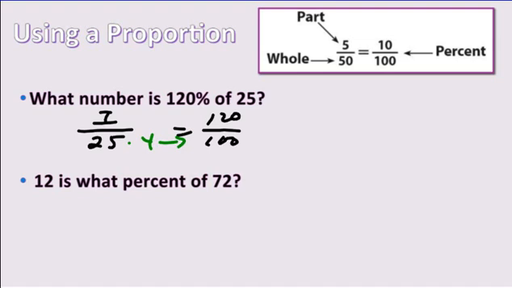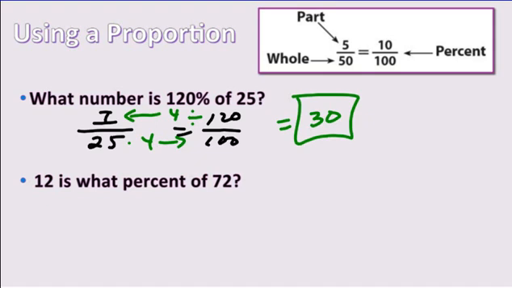That means I can take 120 and divide by 4 to give me my is. 120 divided by 4 would be 30. And if I do 30 times 4, that gives me my 120. So the answer would be 30, which would make sense because if the number is 120% of 25, it's got to be bigger than 25.